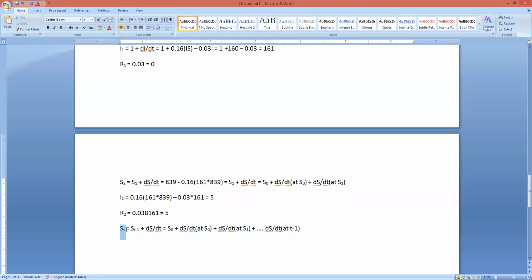At any point of time, you can think of ST in two ways: what S was in the last period plus the change, or S0, the starting population, plus the change in every period.